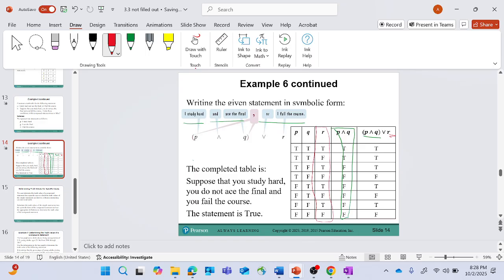I'm trying to see when at least one of those two is true. In these two rows, at least one was true. In this row, also one was true. In this case, they were both false, so that's false. At least one of these two was true, so that's true. Right? Make sense? Okay.